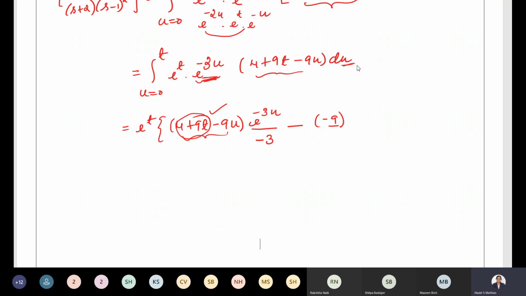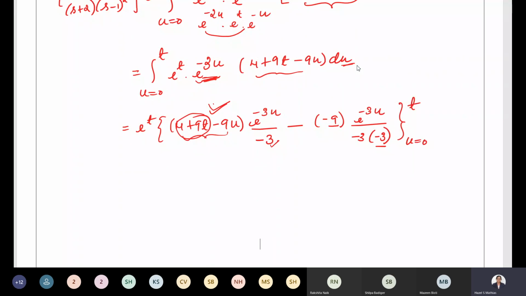Then I hope you all remember Bernoulli's formula: first term into integration of second, minus differentiation of first term into integration of the already integrated term. So that is nothing but e power minus 3u divided by minus 3 into minus 3. After again integrating it, you will get e power minus 3u by minus 3. And the limits vary from u equal to 0 to t.